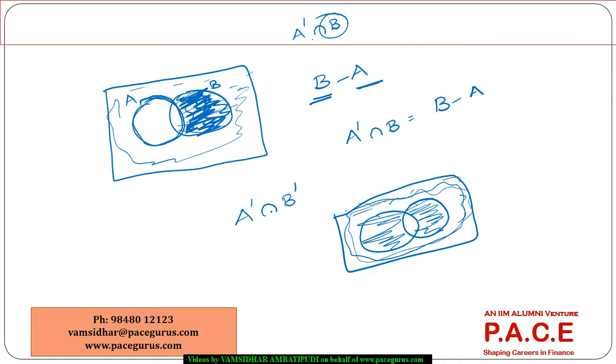Now when you talk about the intersection, only the outside is common to both of them, which is nothing but anything that does not belong to A union B. So I'll call it A union B complement. Another result comes out: A union B complement is the same as A complement intersection B complement.